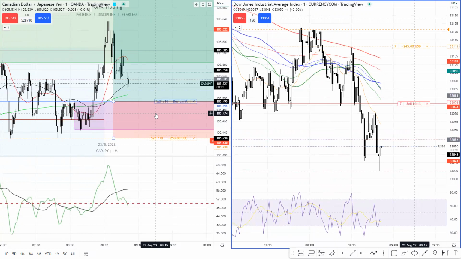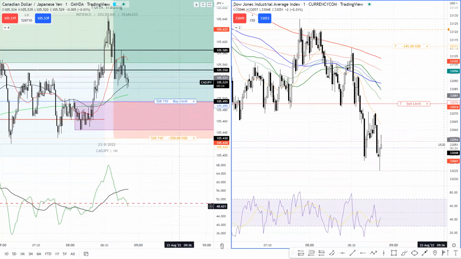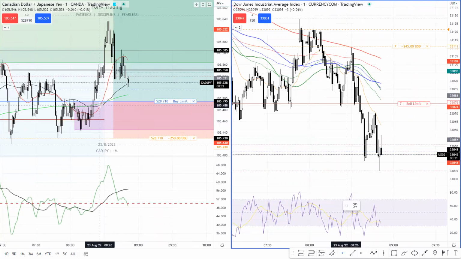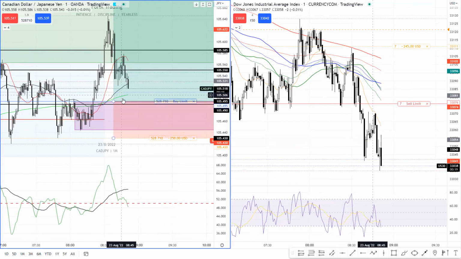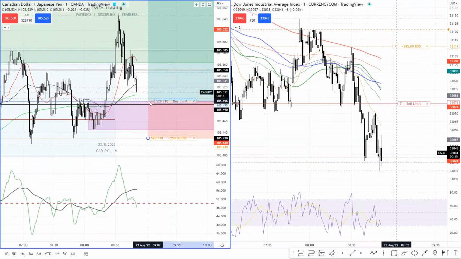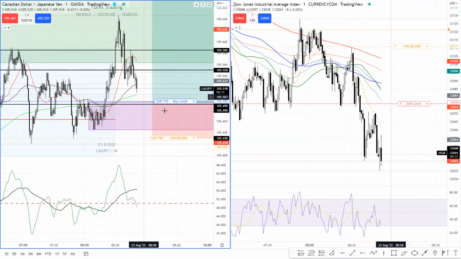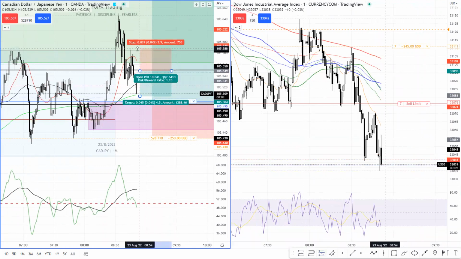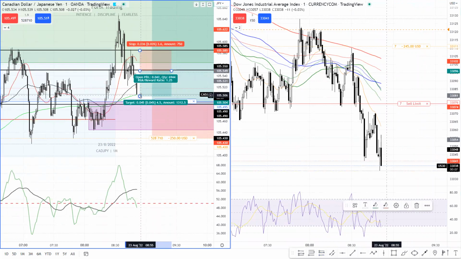It looks like we're good on CAD JPY. It looks like we're running, so my take profit is right here at this line. Take profit is going to be a very small trade. So it's really something like this.